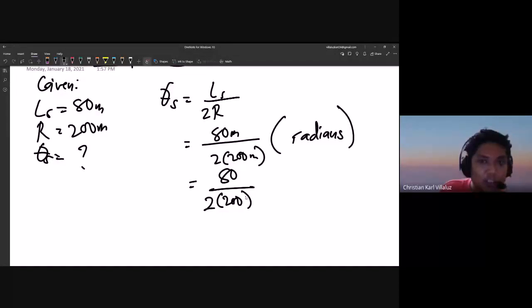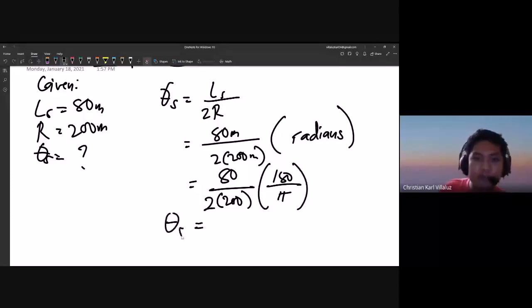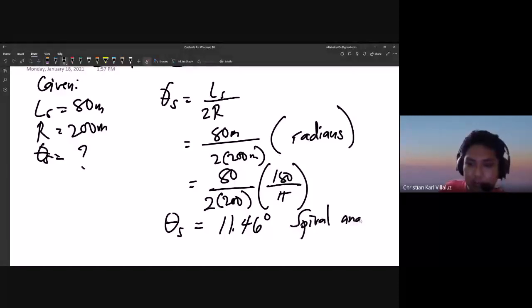Lalo na gagamitan ng trigonometric function na sine, cosine, or dun sa mga previous, yung mga ibang formula. So you have to convert this to degree. So 180 over pi, yan ang conversion factor natin to convert that from radian to degree. So, compute na natin, ang kalalabasan ay 11.46 degrees. This is the spiral angle at SC.